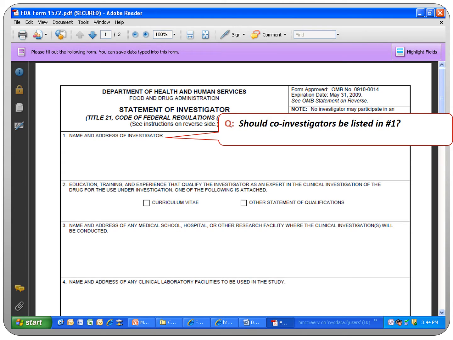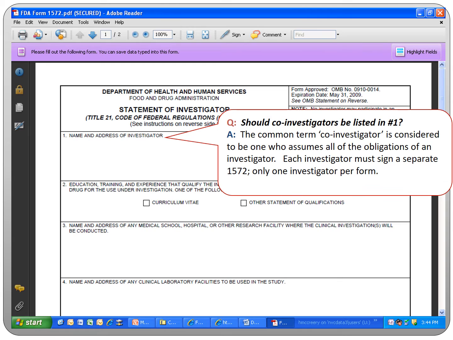Okay, this is a good question. Should any co-investigators be listed here? Because we have the name and address of the investigator, should I list everybody else who's a co-investigator? Well, first of all, the FDA doesn't really recognize a co-investigator or sub-investigator term. But if there's any other person who's going to be behaving as an investigator and assuming responsibilities, then yes, but you would have each investigator sign their own 1572.